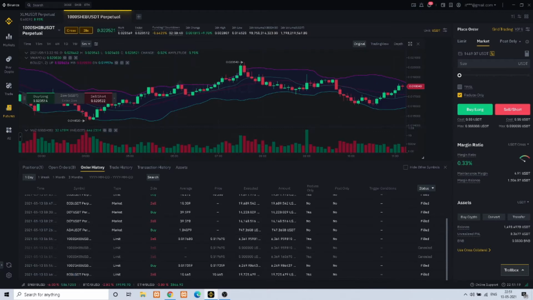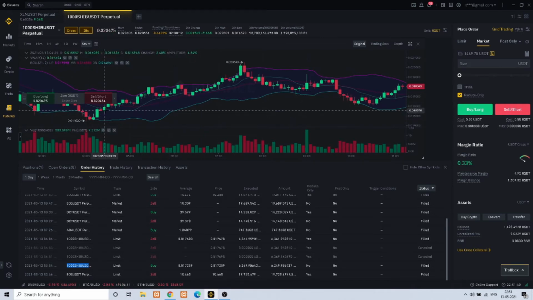If you look at Shiba, the SHIB token, it was recently listed on Binance, and its futures contract is known as 1000 SHIB USDT, right? We have taken a long position here at 554. We looked into the pattern.